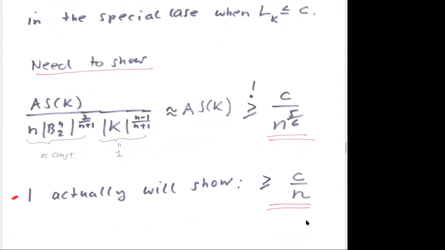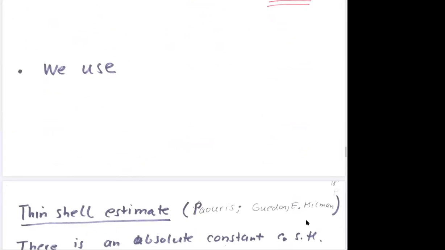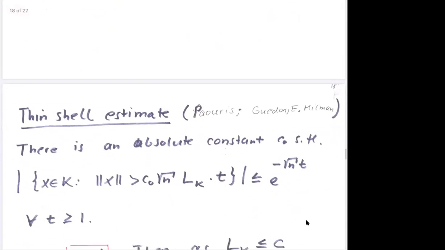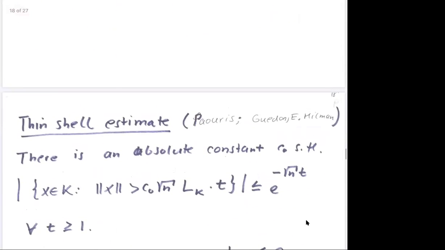So how do we do this? Now comes this other thing that was in the title. We'll use a thin shell estimate due to Grigoris Paouris, Olivier Guédon and Emanuel Milman. What does this thin shell estimate say?